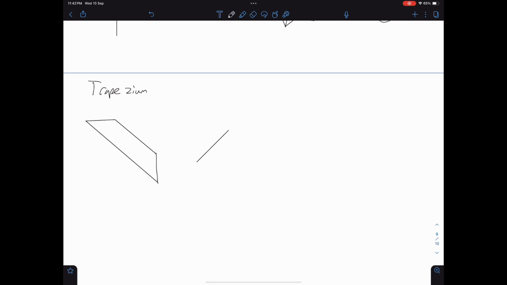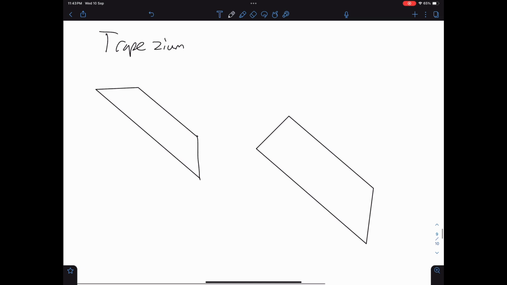And if they're nice in the exam, they might give you a right-angled one, like that. And essentially, if you were to take an average of that A and B, that gives you an average base length, which you can just times by the height for the area.